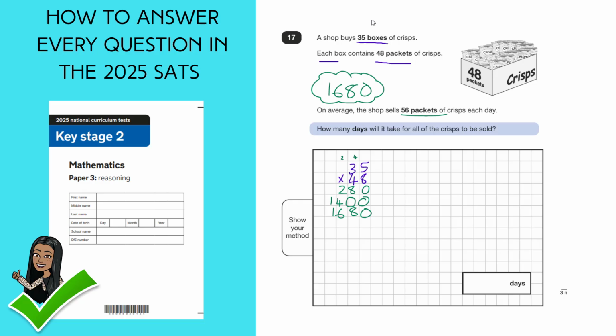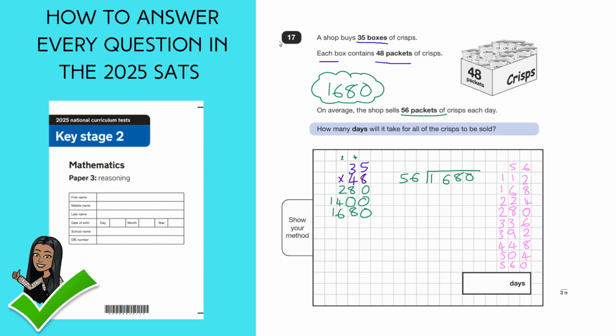So you're going to do a long division. So 1,680 divided by 56. I always list my multiples that I'm dividing by first of all, as once I've got my multiples, that's going to be a lot easier to do the divisions. So I know 56 is not going to go into 1 or 6. I'm going to look at the number 168 first.